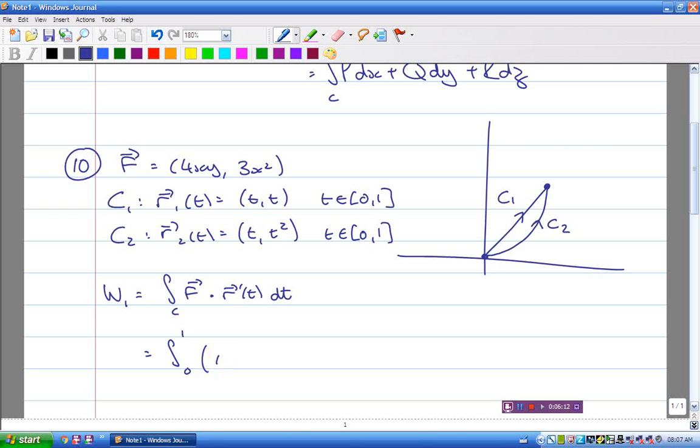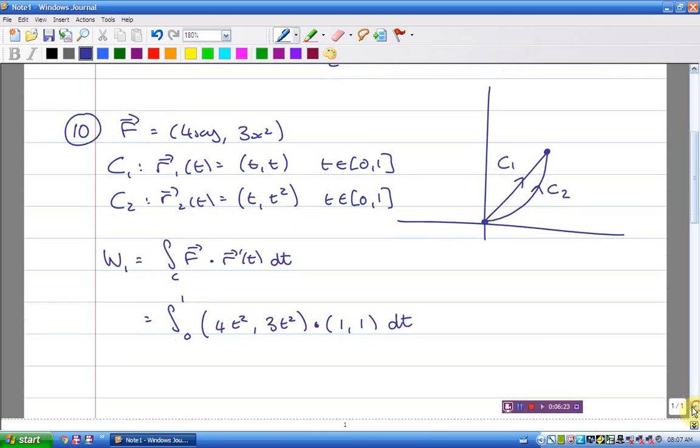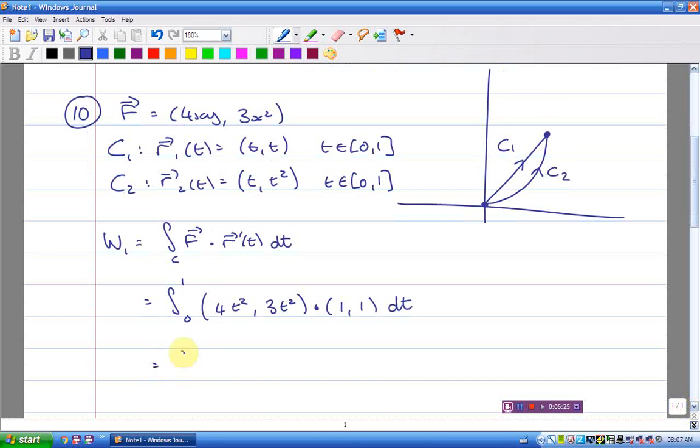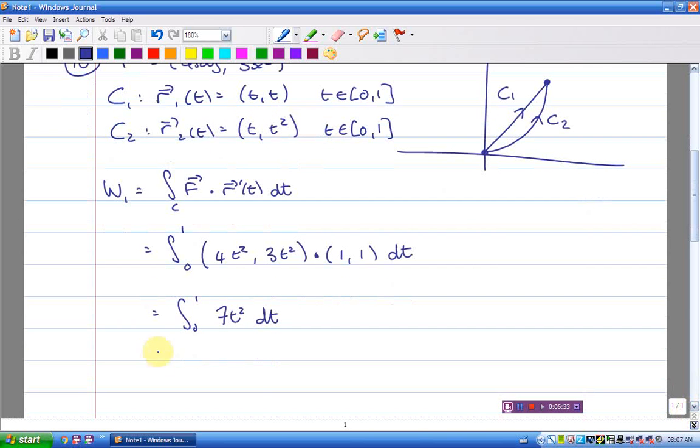So it will be 4t squared and 3t squared, dotted with r prime, and it's dt. Okay, so let me do a little dot product. It'll be 4t squared plus 3t squared, so it's 7t squared. And then that's just single variable calculus. That's just 7 over 3 t cubed from 0 to 1, which is 7 over 3. Okay?